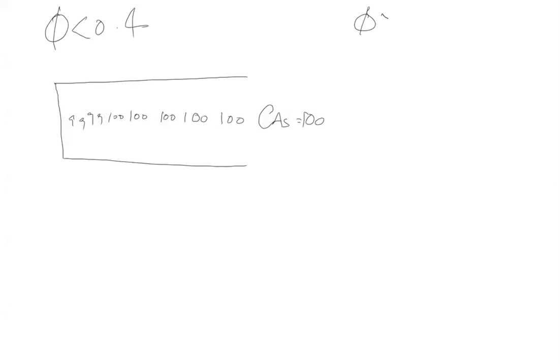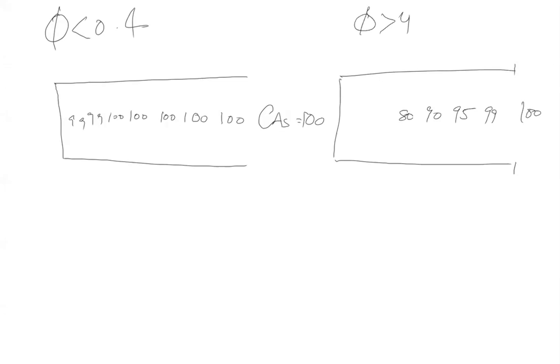If phi is greater than 4, then the concentration profile is 100 here, maybe 99, 95, 90, 80, 70 and 60, something like this. So in one case the concentration profile is basically constant, and in the other it is dropping. This is the difference.